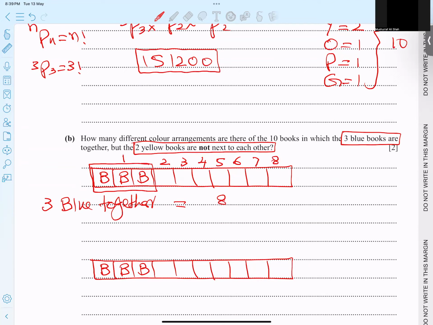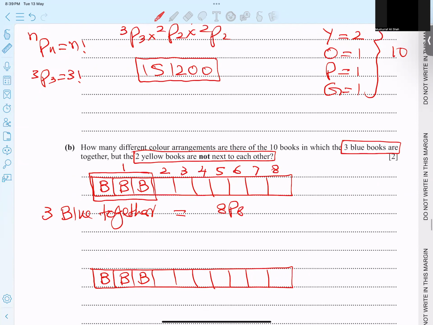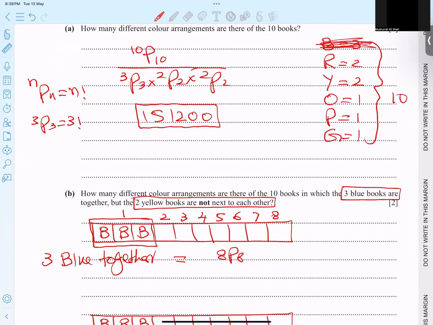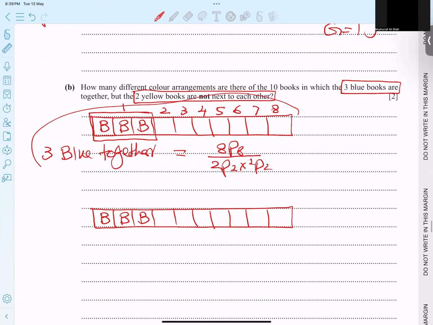So 8P8, because this blue is gone, this blue is gone, this blue is gone, so these two values are repeating. So I will say divided by 2P2 into 2P2. This is an option when we have total options. We don't care about the other colors here. We care only about the three blues.